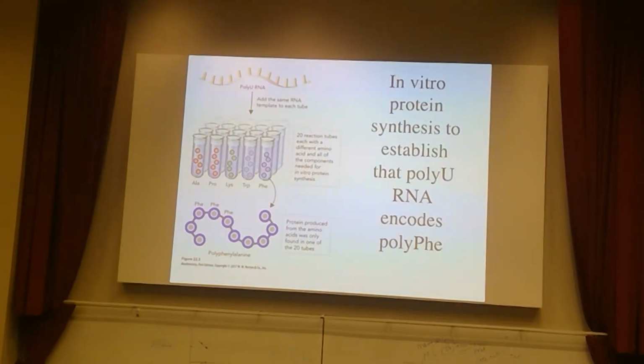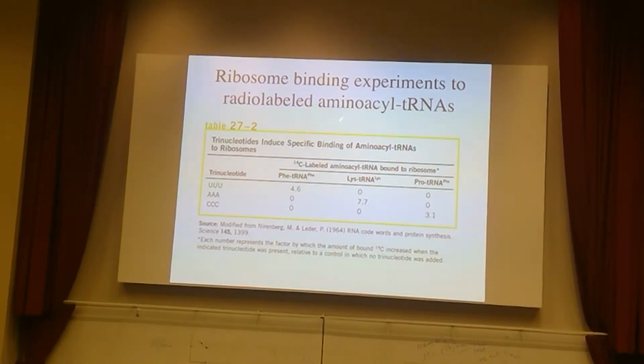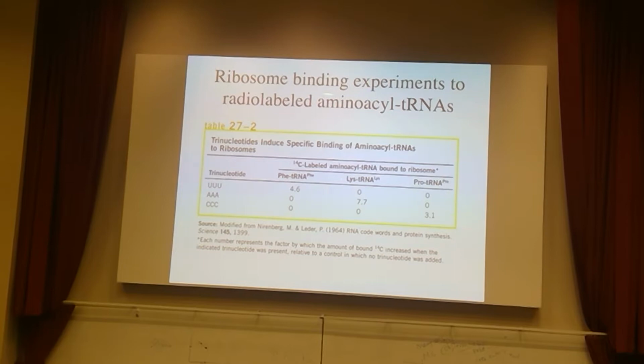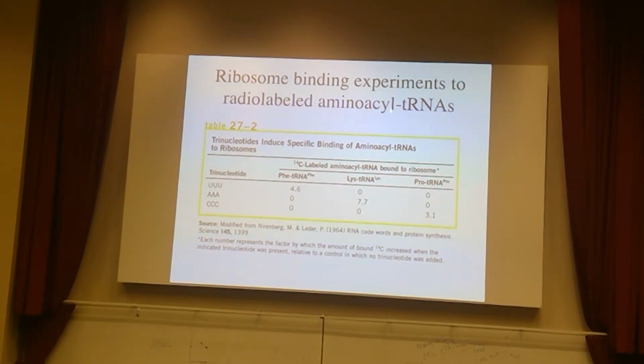Okay, other questions about this type of experiment? Great. Experiment number 2, ribosome binding experiment with radio-labeled aminoacyl tRNAs. So we will see in really great detail on Thursday how the ribosome is organized so that it accepts tRNAs and associates the anticodon loop, which we looked at before, with the codon on the mRNA.